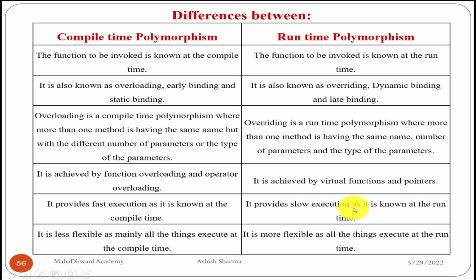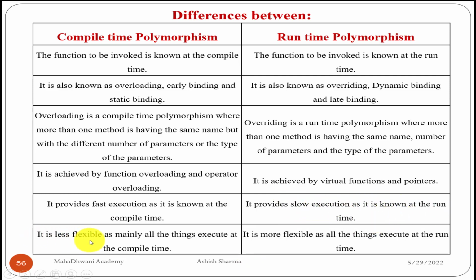Runtime polymorphism provides slow execution because it is late binding. That's why we say slow execution. Otherwise, the object always takes very little time to execute. But because we first complete the compilation phase, then the runtime, we say slow execution as it is known at runtime.